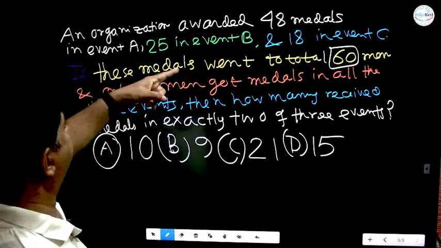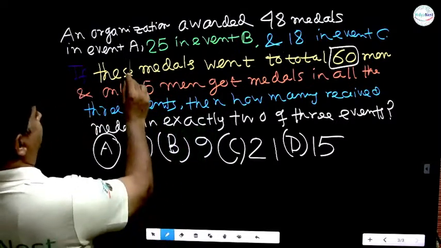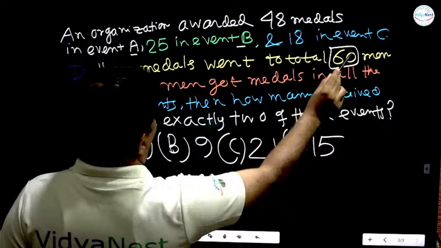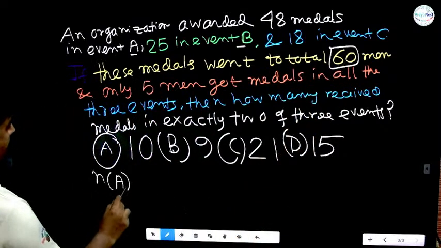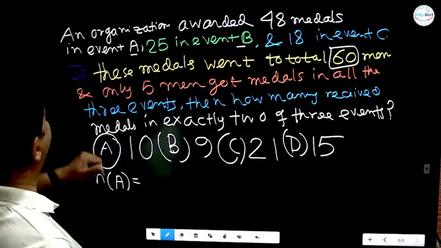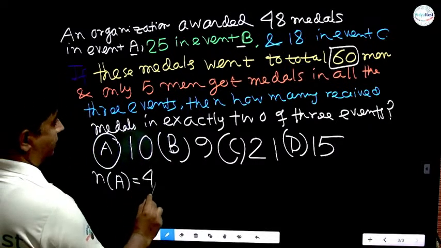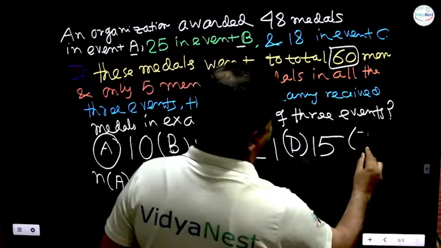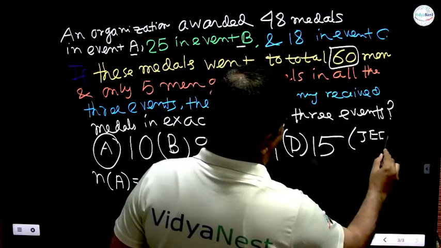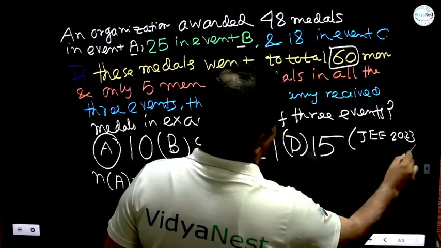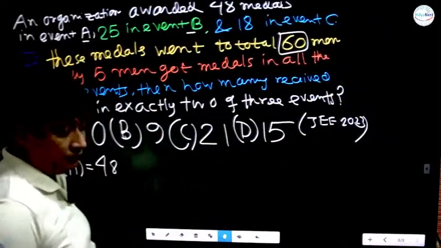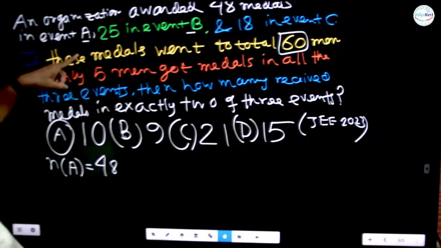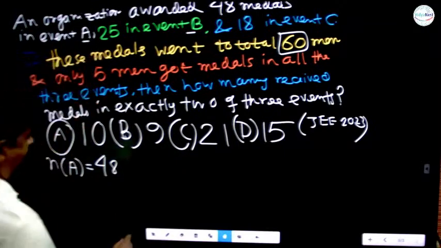Now, in event A, event B, event C, therefore n(A) is equal to 48. It came in JEE 2023. Now n(A) is 48.